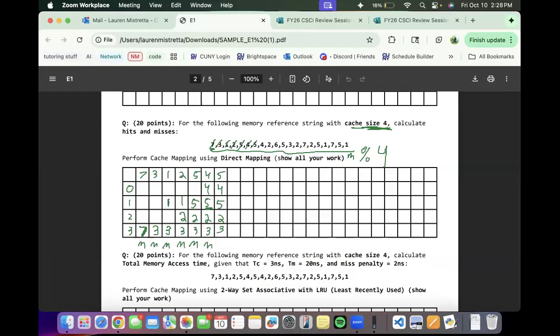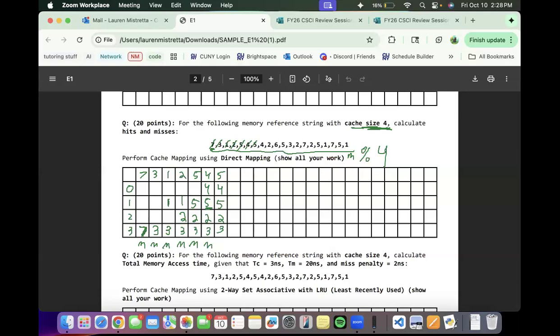Each of these was not in my cache already. I had no repeated values. And because of that, every single time I had to erase a previous value and put in a new one. So when it comes to calculating later on the total time, we want to keep track of the number of misses and hits.